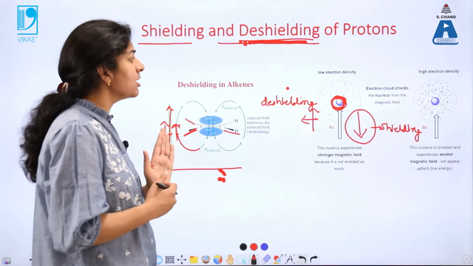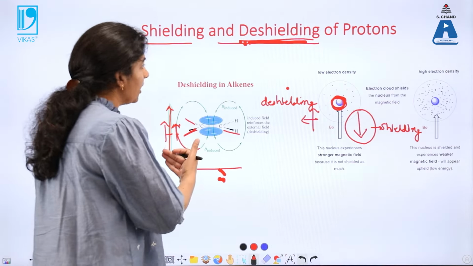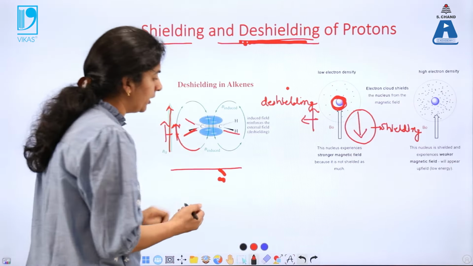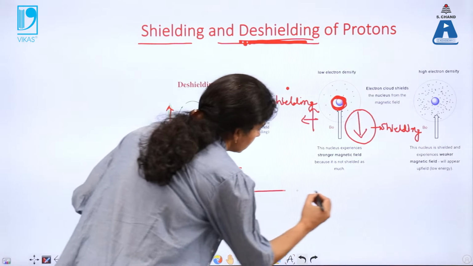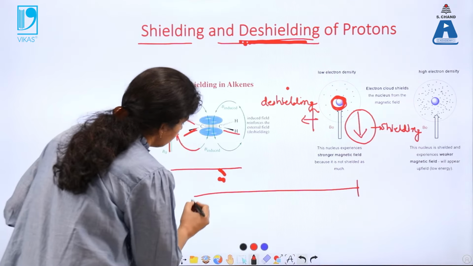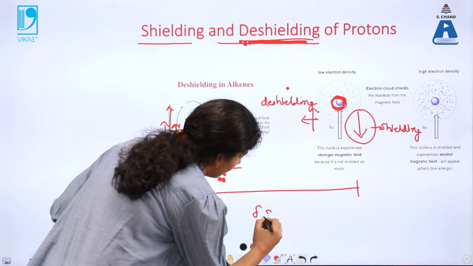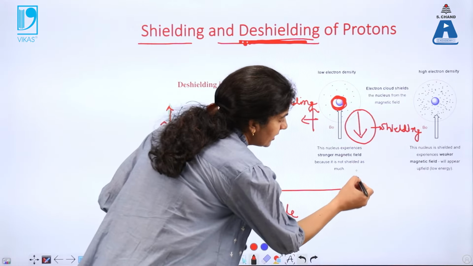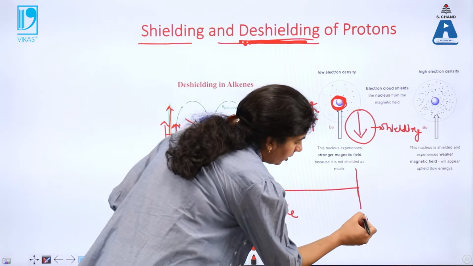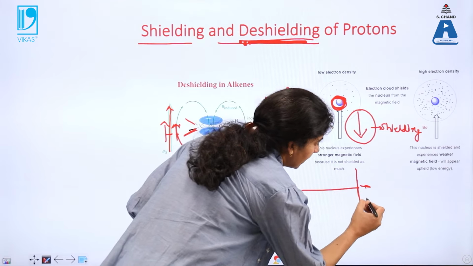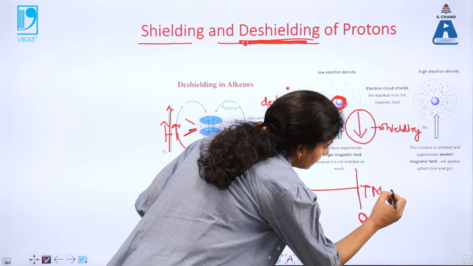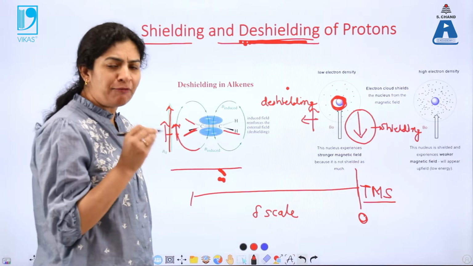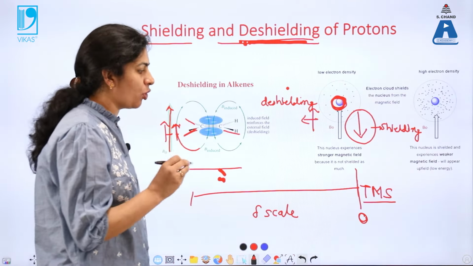And in this case, deshielding, and then this is expressed as downfield. So let me draw just very briefly. This is going to be our delta scale of chemical shift. This is the extreme end. Delta equal to 0 is assumed to be at the position where our reference, that is TMS, absorbs.